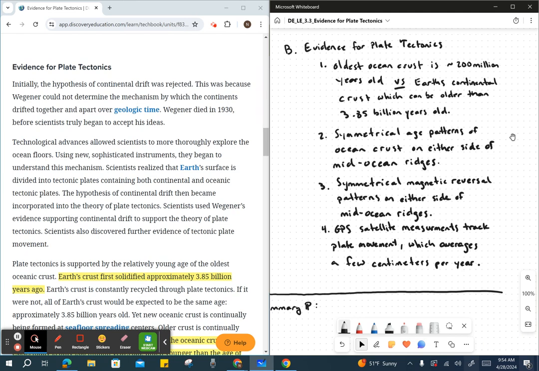And then, still talking about mid-ocean rift zones, you have the symmetrical magnetic reversal patterns. Remember that Earth's polarity can flip from time to time. As that fresh magma is coming out from the ocean floor, it has a lot of iron content.